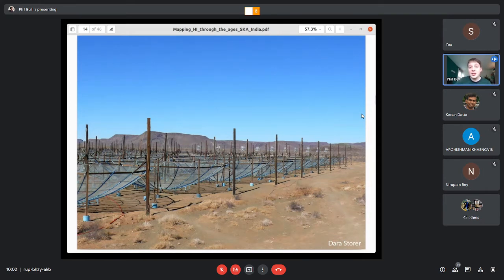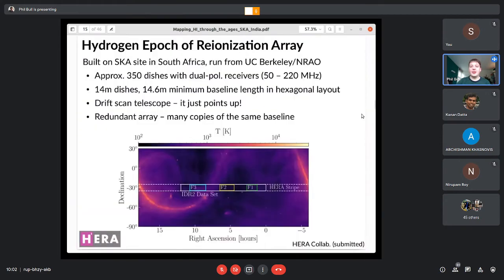I don't know if you can see in the picture here, there are these strange-looking metal things that almost look like Christmas decorations to me. Those are receiver elements. I've got some specs actually: they're dual polarization receivers, and the new ones cover approximately 50 to 220 megahertz.